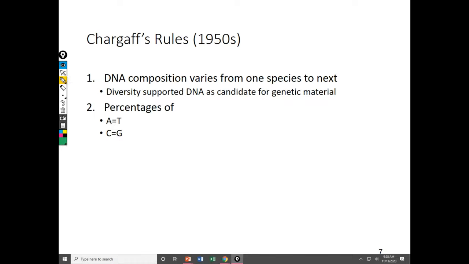Now, the first piece is understanding that of all the different things in the cell, DNA is the part that's varying from one species to the next. Otherwise, if you think about us versus a shrub, we have pretty much the same cytoplasm, the same endoplasmic reticulum, the same lysosomes.